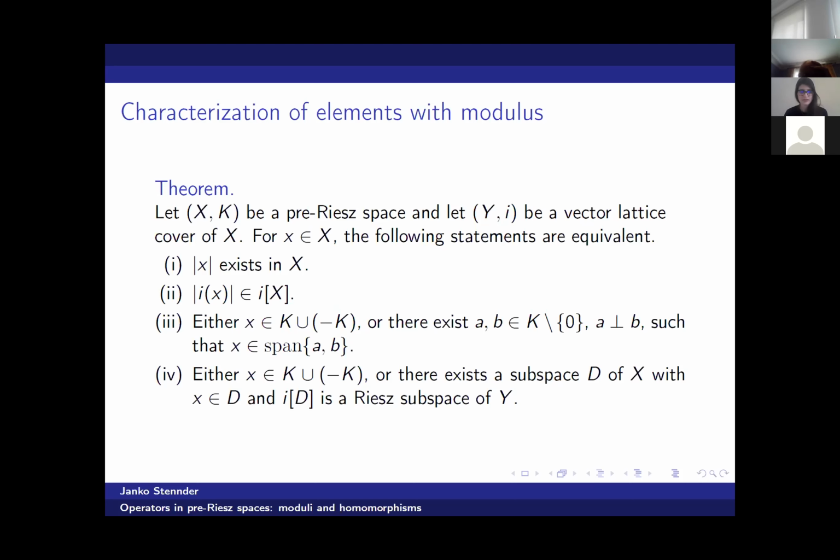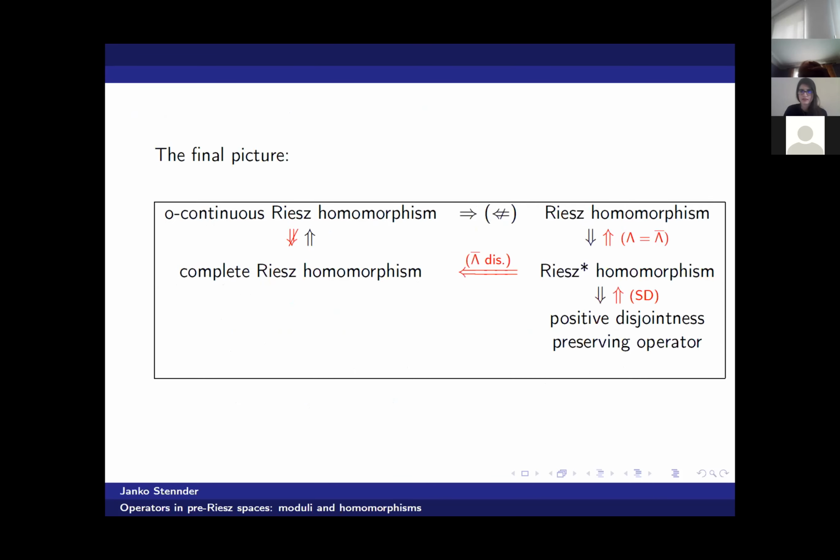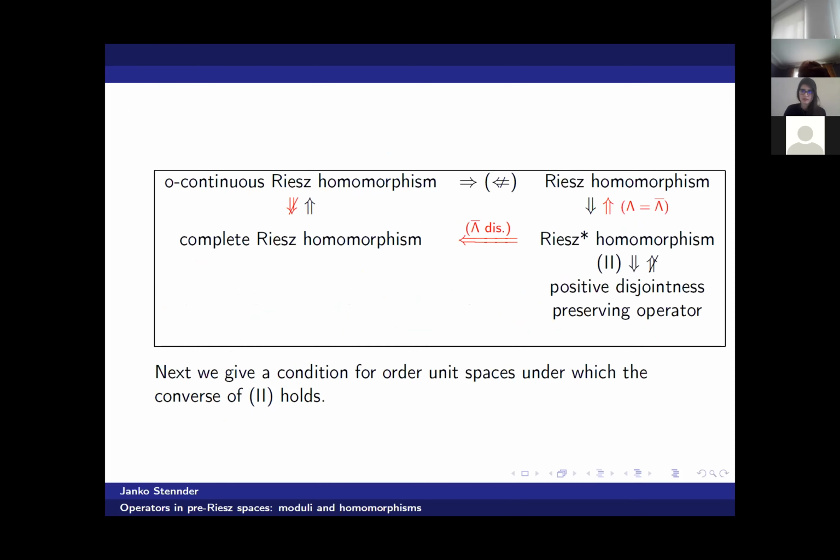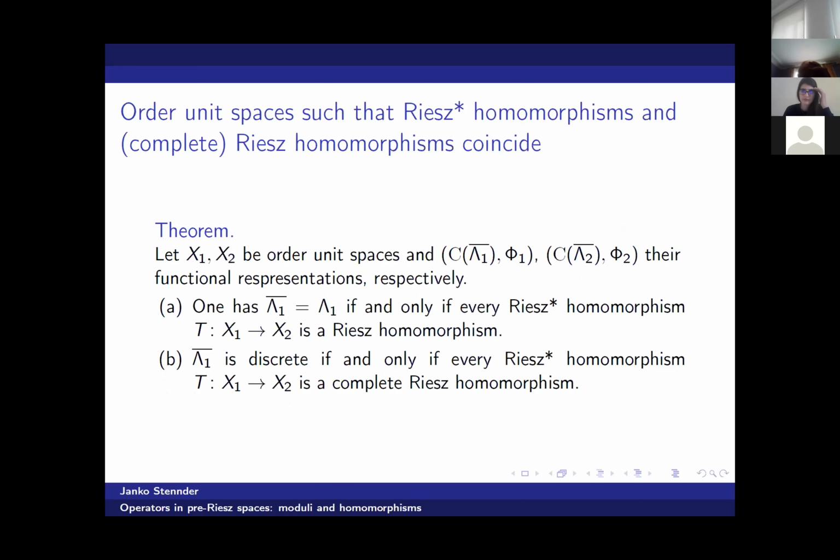Okay, thank you. Are there any other questions? Yes, maybe one question again from me. You showed those characterizations of when homomorphisms and resolvent morphisms and so on coincide in order unit spaces, and you wrote it down in terms of this representation space.